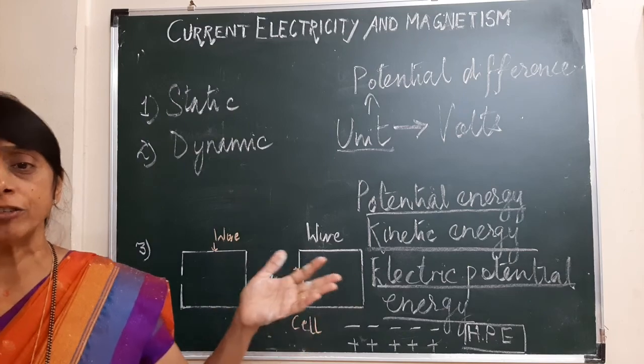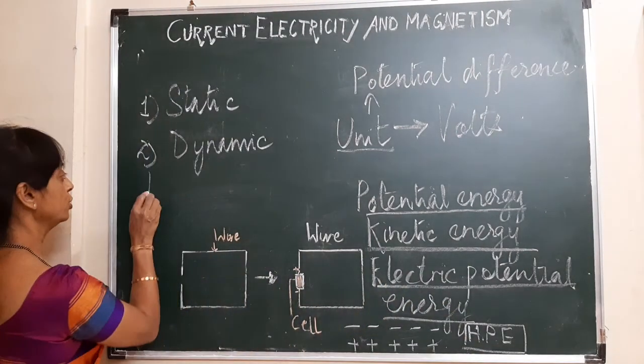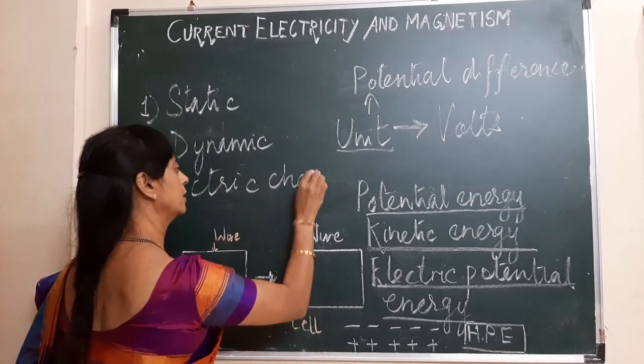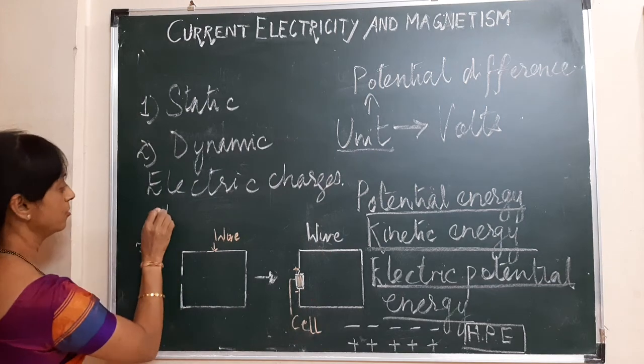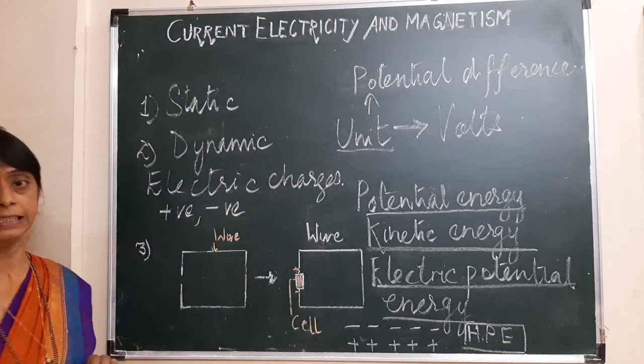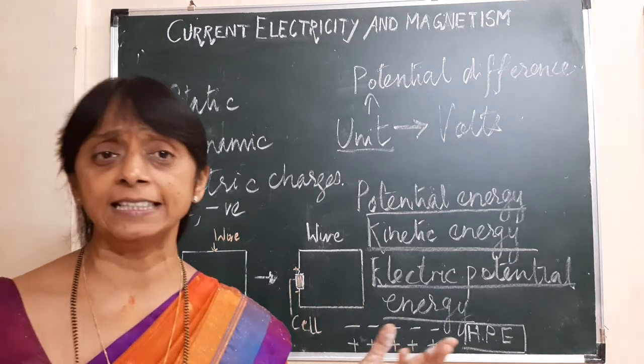What are electric charges? We know that there are two types of electric charges: positive and negative. So, think of magnets, children.